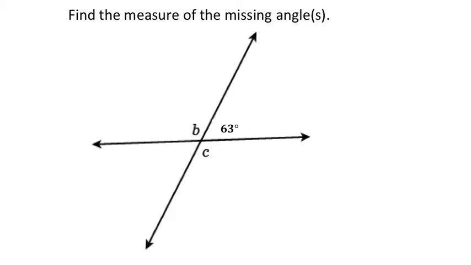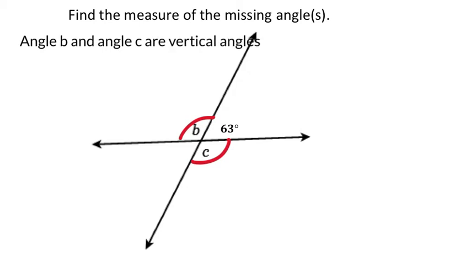But the first thing I would see out of this one when I look at it here, I look at angle B and angle C right here, okay? So we got angle B here. Again, I'm just looking at it. Angle B and angle C, they're through the vertex, so I know they're vertical angles, okay?